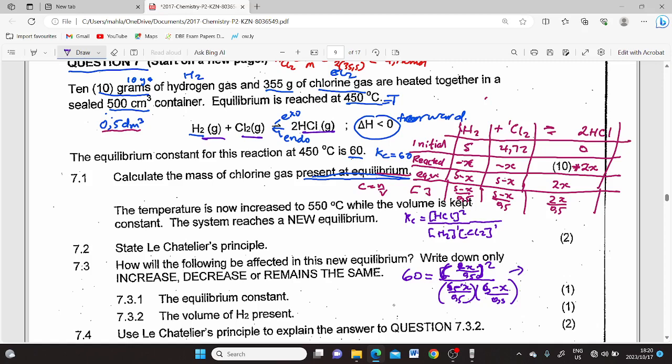So we're going to have 60 equals to 2x over 0.5, and then of course all squared, over what we have.